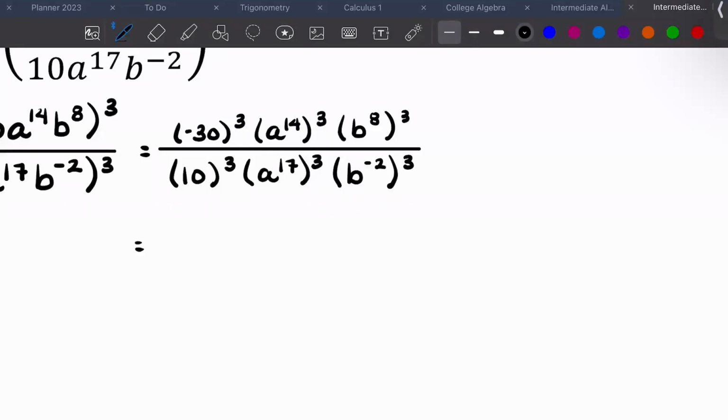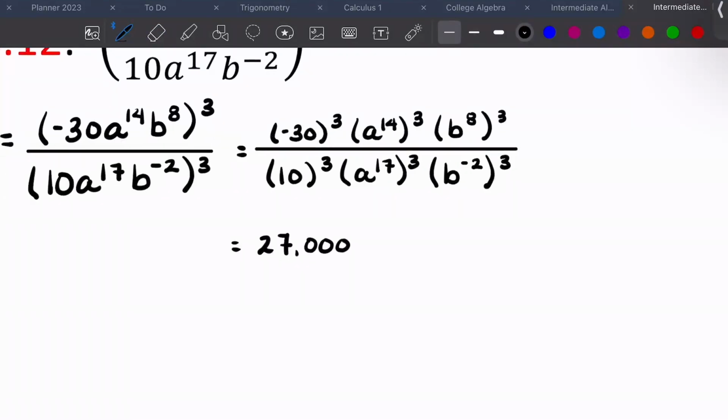Okay, 30 cubed is a very large number. It's like 27,000. That's very, very large. Then we'll say 14 times 3. So we get a to the 42nd, b to the 24th, right?